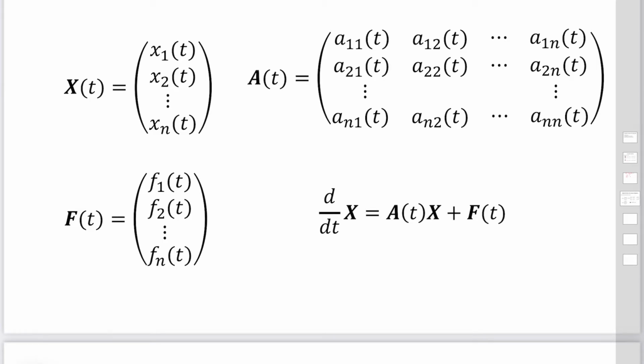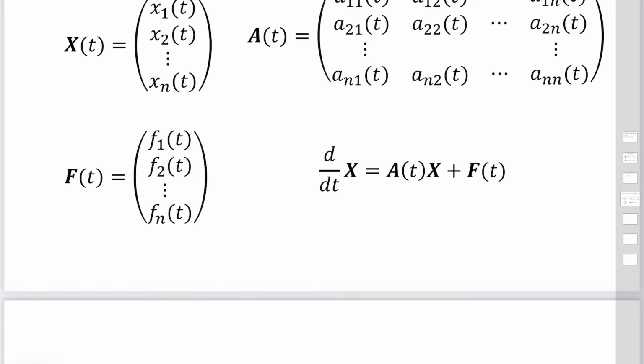And A is a matrix: a sub 1 1, a sub 1 2, up to a sub 1 n. The second row is a sub 2 1, a sub 2 2, up to a sub 2 n. And the last row is a sub n 1 up to a sub n n.